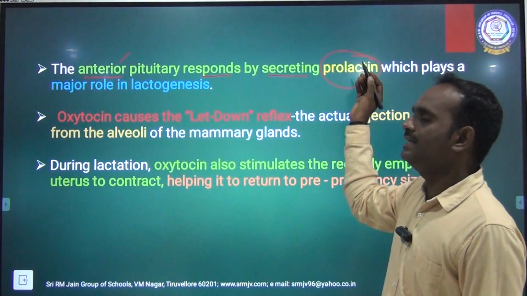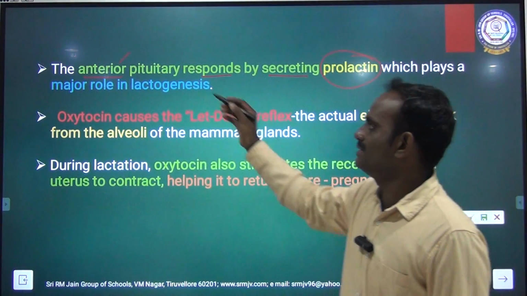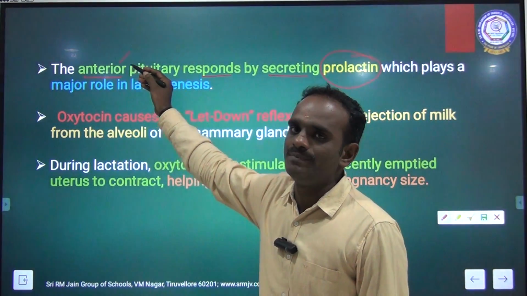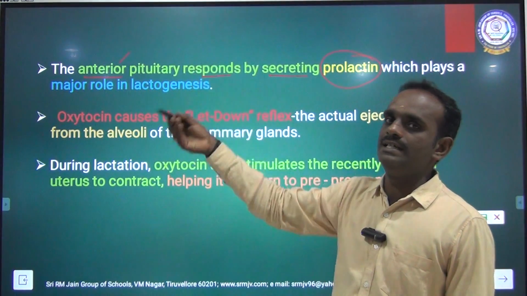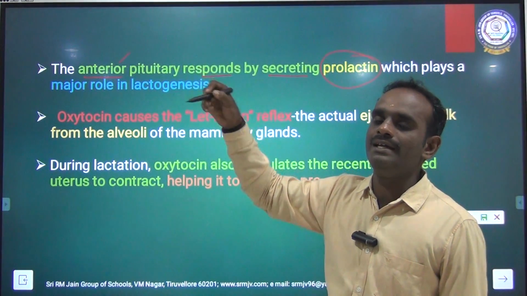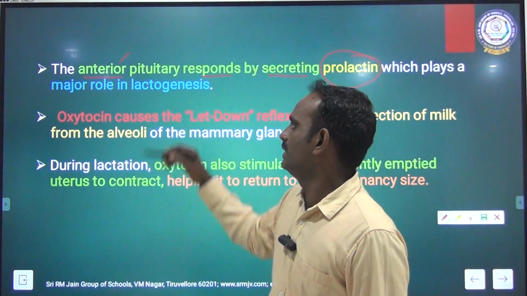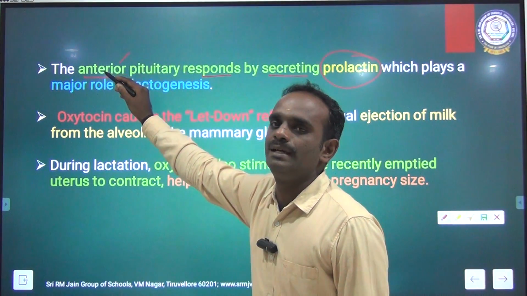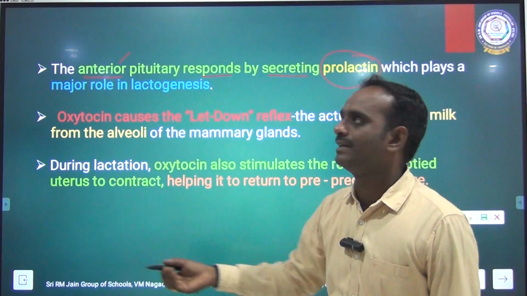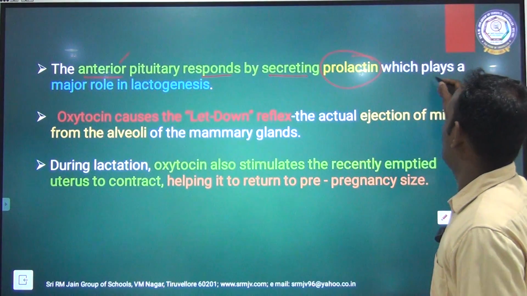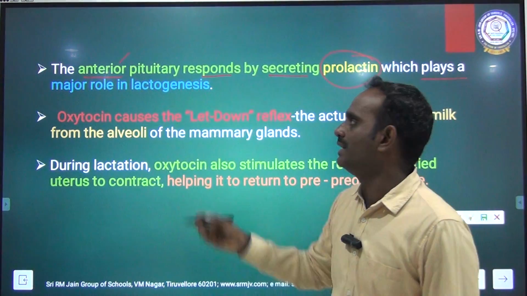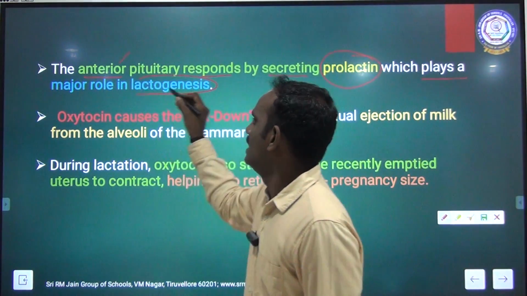This prolactin is a hormone synthesized by the anterior pituitary, which in turn is stimulated by the hypothalamus. So the hypothalamus stimulates the anterior pituitary to release prolactin, and this prolactin plays a major role in lactogenesis.